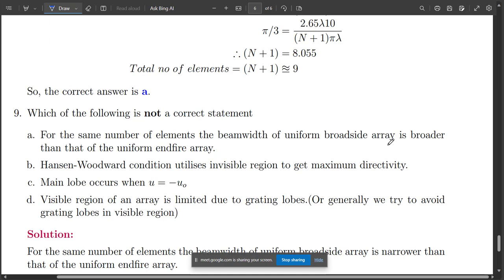Another thing to notice is, can you tell me, if I increase the number of elements in an array, will it narrow the beamwidth or will it broaden the beamwidth? What will happen?